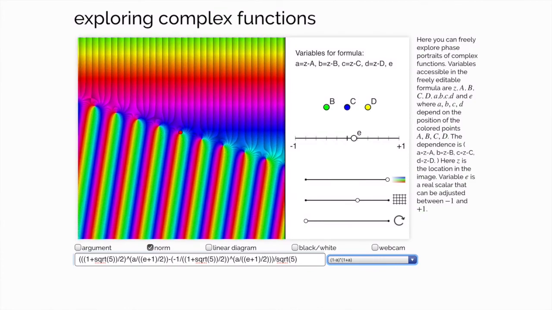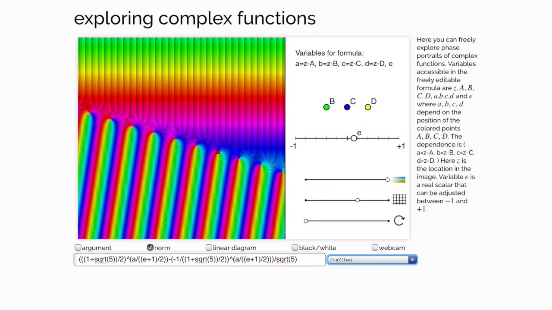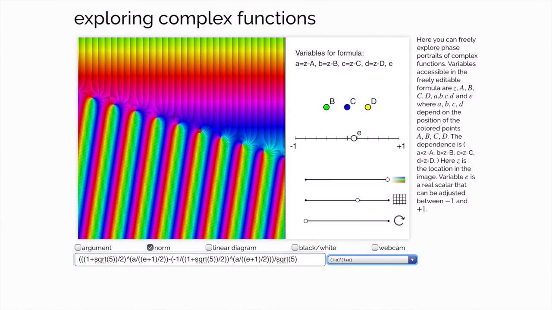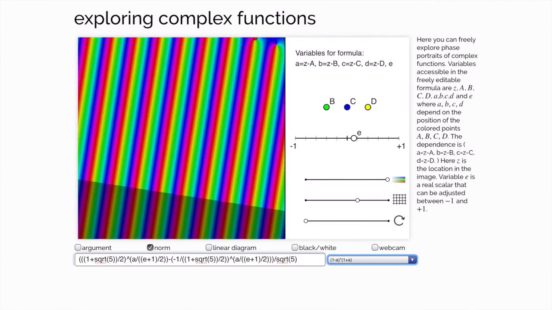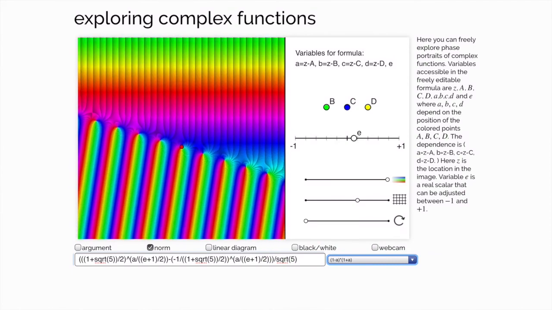I mean, the Fibonacci numbers have got to be in there somewhere, and the fact that the modulus increases exponentially, yeah, that is what you have in the Binet formula. So these two parts are the different power parts in the Binet formula.